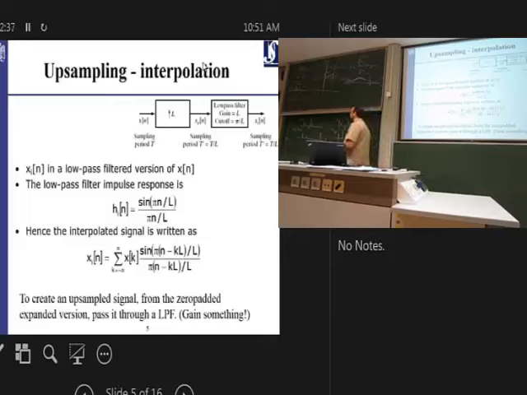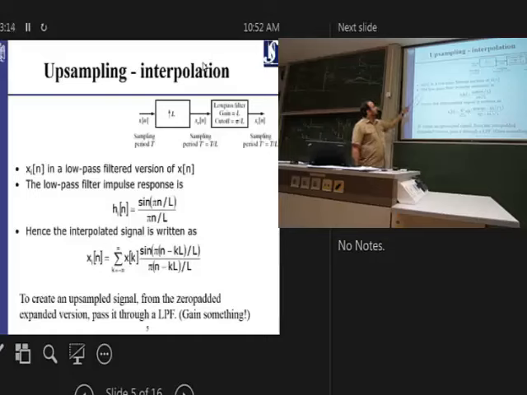Exactly. So using that low-pass filter in the end, what we're trying to do is not just resort to these zeros which are padded to the signal and extend the signal, but also we are actually interpolating sinc functions over any of these values. And the final result is the interpolation using the sinc function. And as mentioned here, xi of n, which is the upsampled version of the signal, is the low-pass filtered version of x of n.